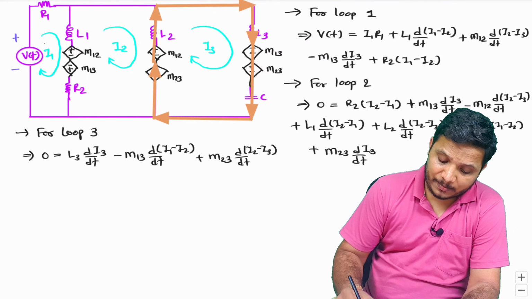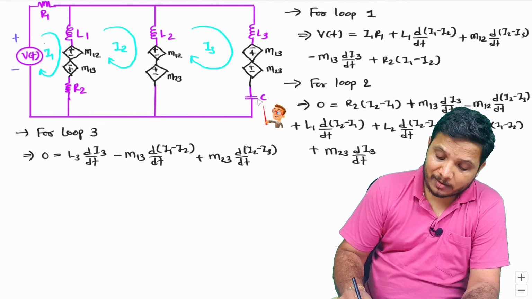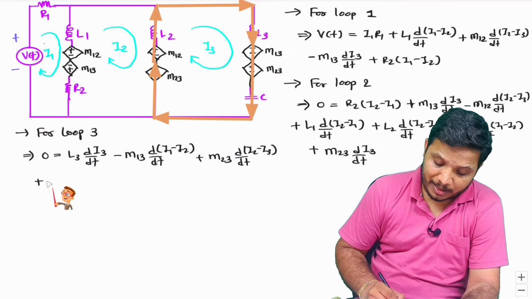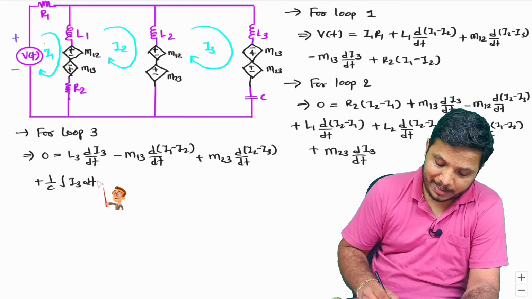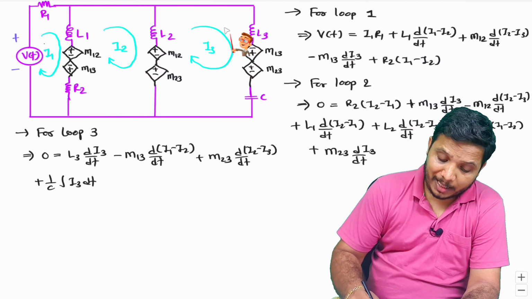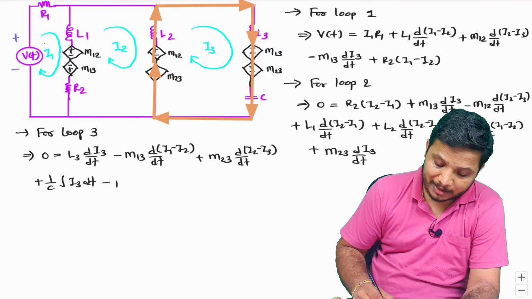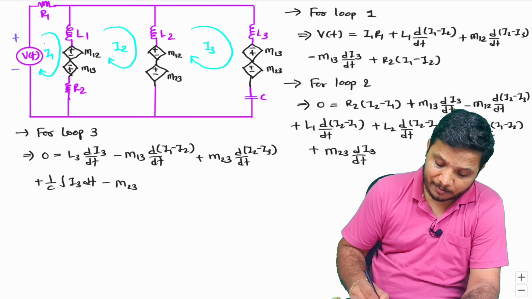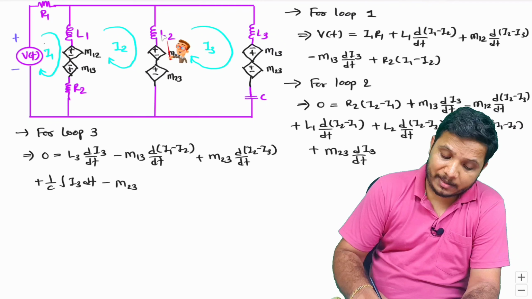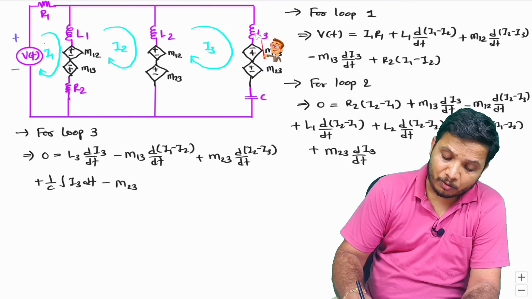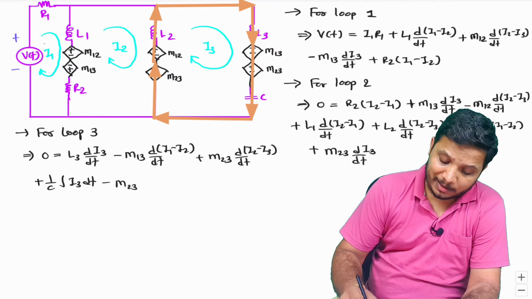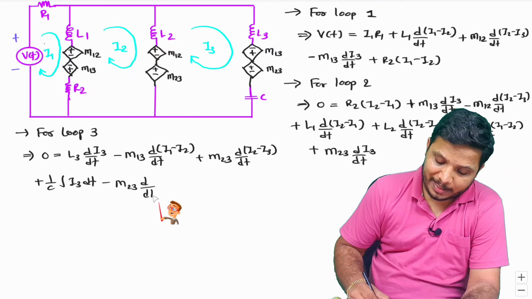Then capacitor comes, so voltage across capacitor due to current I3, that is plus 1 by C integration I3 dt. Then in this loop M23 comes with minus polarity, so minus M23. M23 happens in between 2 and 3, current through 3 is I3, so d by dt of I3.